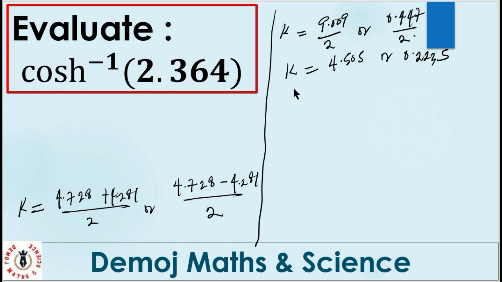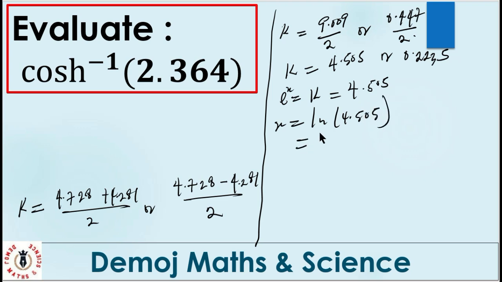Now, if k is equal to 4.505, that means e raised to power x is equal to 4.505. Now, x is the same thing as the ln of 4.505. The ln of 4.505 is equal to 1.505.